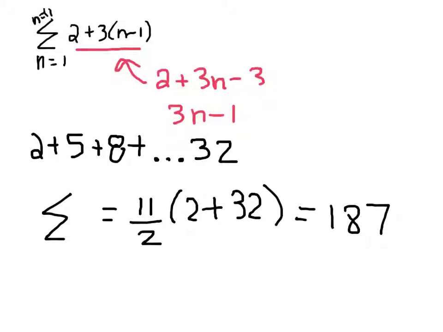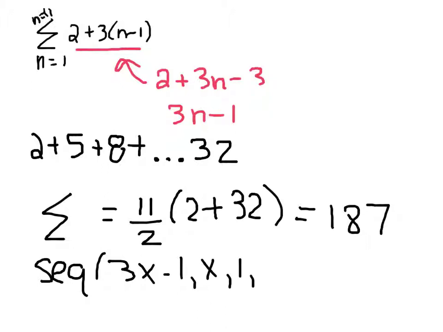Now, take a second to verify that in your calculator. If you type in your calculator sequence 3x minus 1 comma x comma 1 comma 11, your calculator should generate the right sequence to give you all of those numbers. 3x minus 1 comma x comma 1 comma 11.